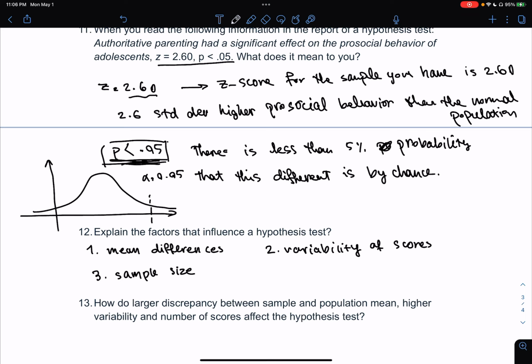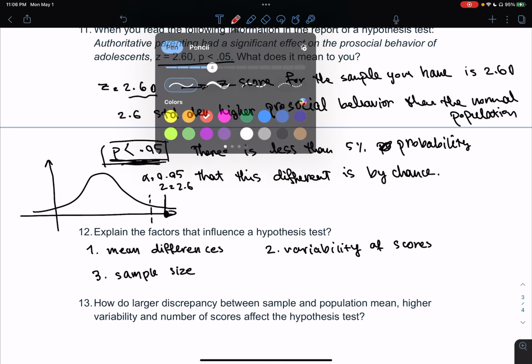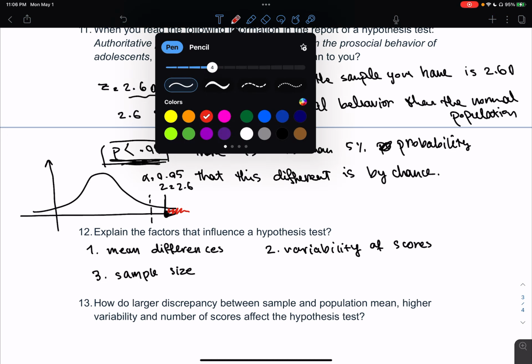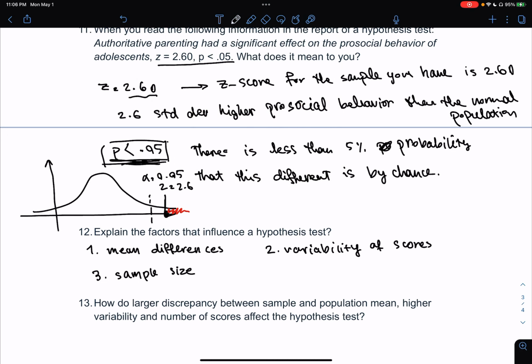This means that the p-value that corresponds to each z-score is, if 2.6 is here, the p-value of the values that are larger than 2.6.